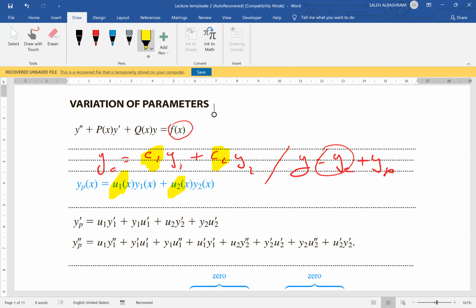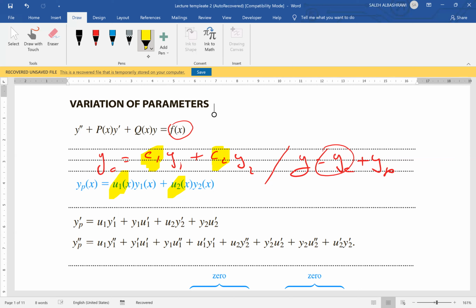So y1 will be cosine of x, and y2 will be sine of x. So I have y1 and y2.